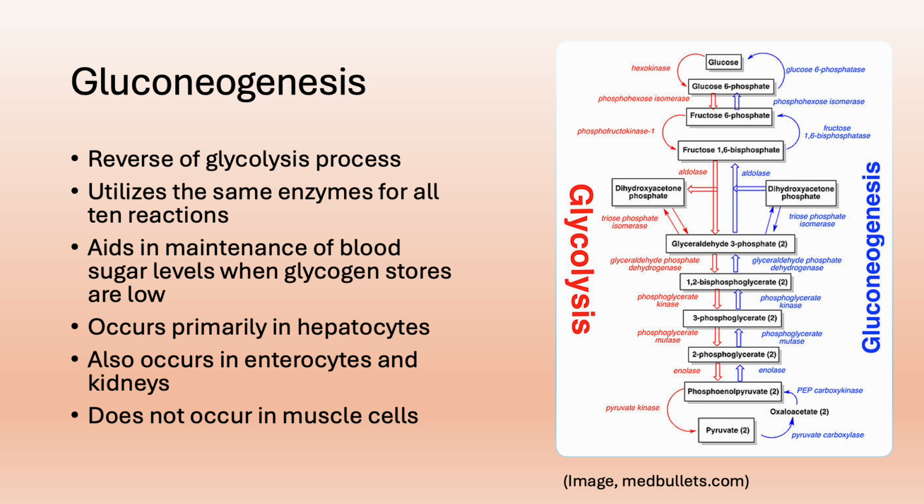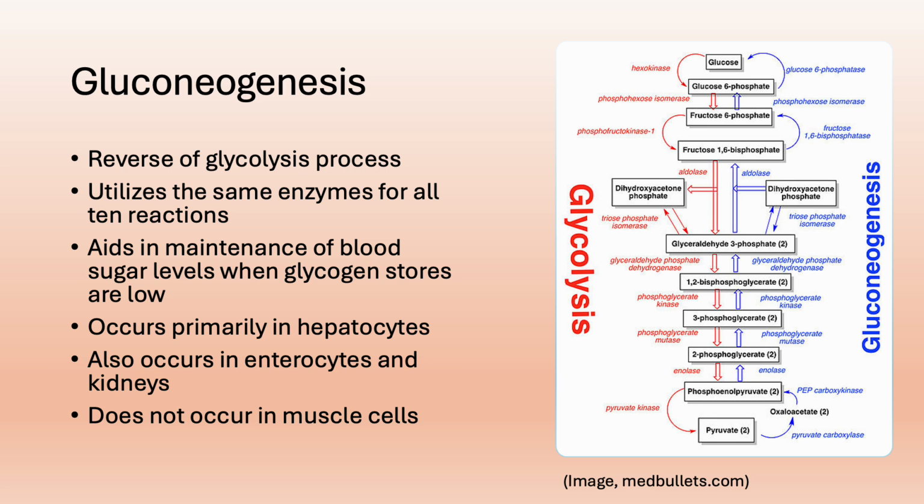So the start of our gluconeogenesis pathway begins with 3 or 4 carbon compounds such as lactate, pyruvate, glycerol, or even some amino acids. Gluconeogenesis begins with the conversion of pyruvate to phosphoenolpyruvate, or PEP.